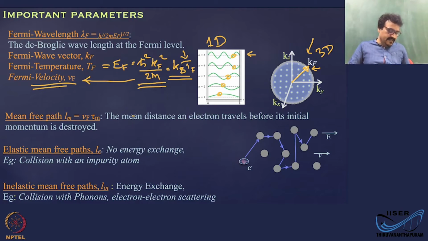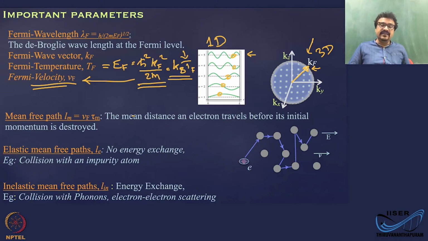But then there is another mean free path, which is the inelastic mean free path. That involves energy exchange with the colliding entity, for example, collision with phonons. Phonons carry virtual momentum, just to be precise, and they can exchange energy with the electron.